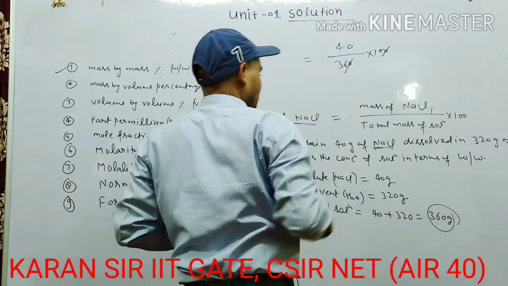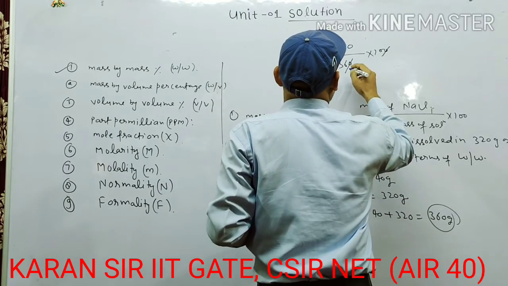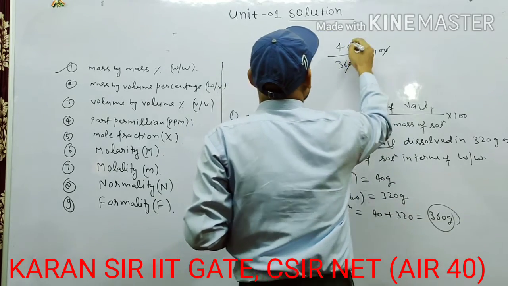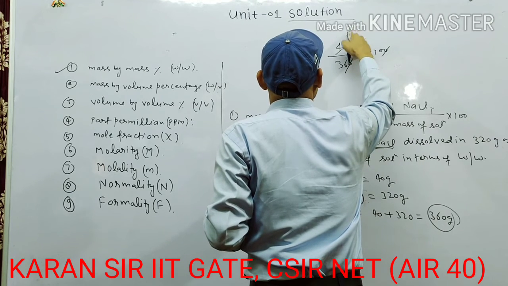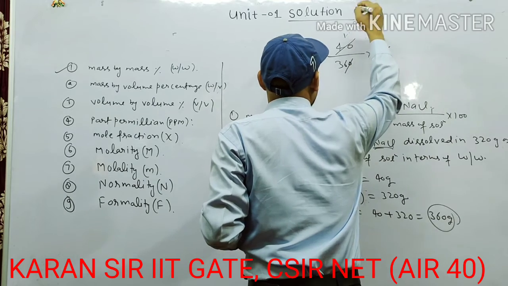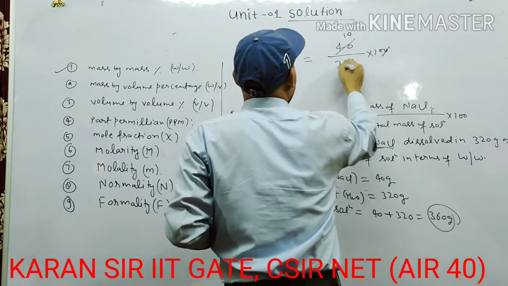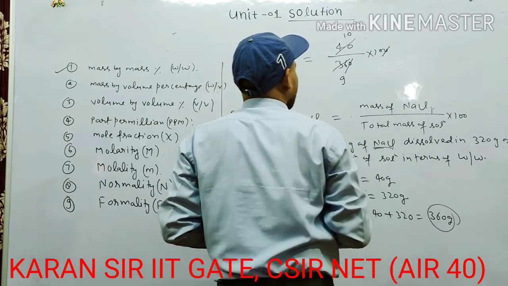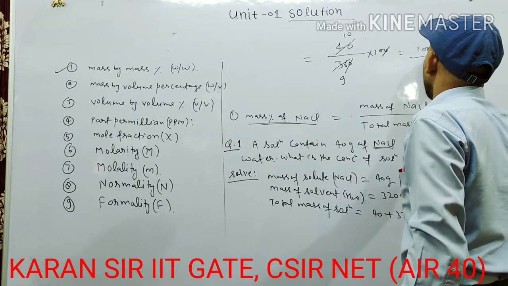Then divide by 4: 40 divided by 4 is 10, and 360 divided by 4 is 90, so that is 100 upon 9.